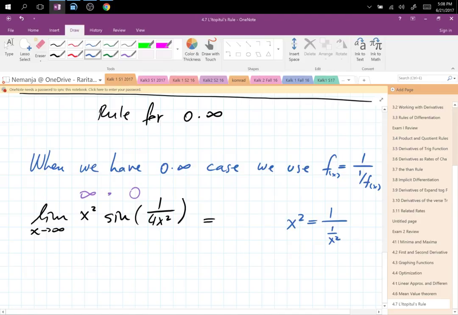You pick one of the two functions and you use the trick on it to write it as 1 over the function. And now you bring that in the problem. For 1 point you will write limit x goes to infinity. And then what you have is sine of 1 over 4x squared divided by 1 over x squared.